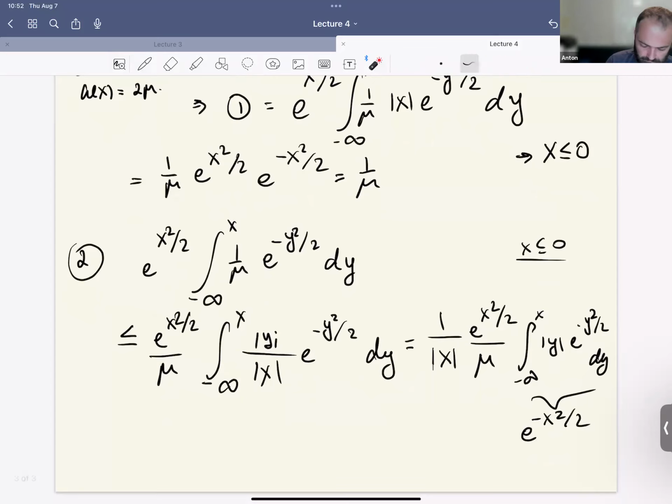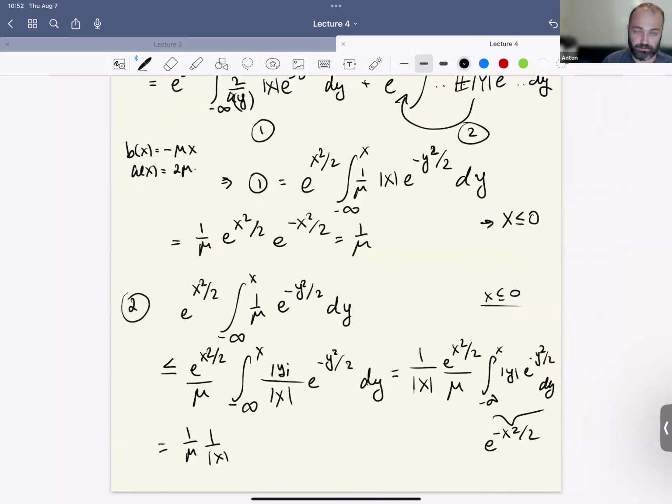But let me just write it out. We have 1 over mu, 1 over absolute value of x. This is the bound on term number 2. This is a great bound, except not so great when x is close to 0. That's okay. We can use this bound for x less than or equal to -1.